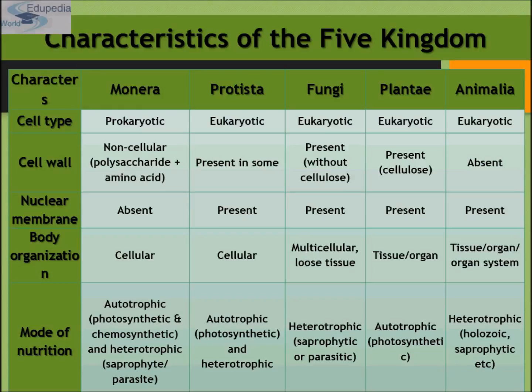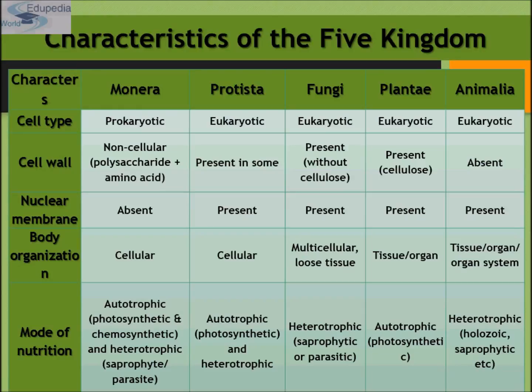Please remember this. If we talk about the plantae, then cell wall is present and of course cellulose is there. And cell wall is not present in animal cell, that we very well know. Talking about the nuclear membrane, it is absent in monerans, it is present in protistans and it is present in fungi, plant and animals.